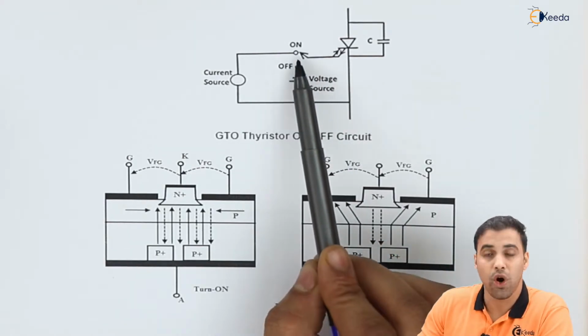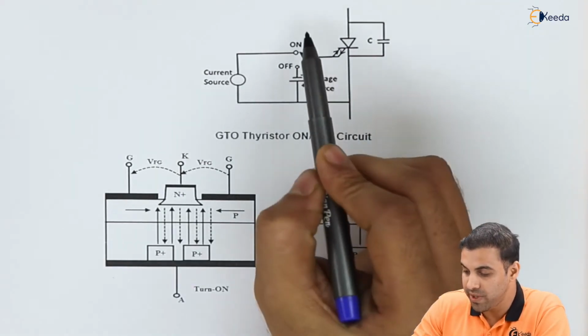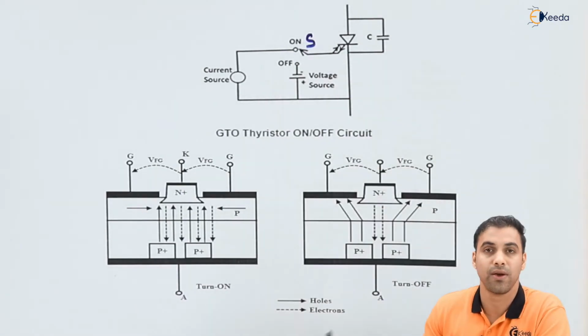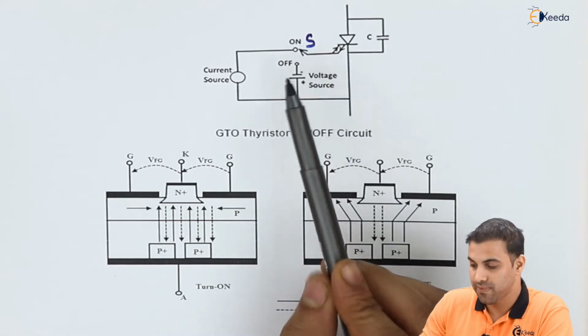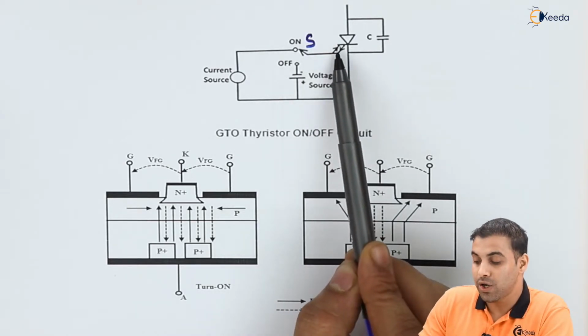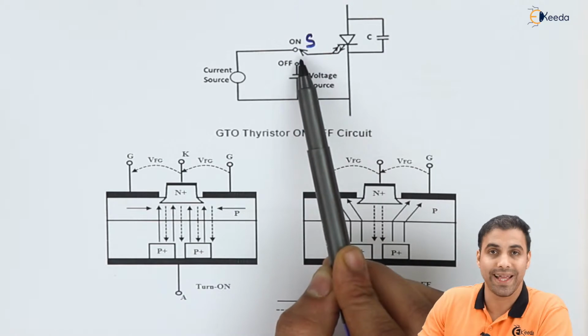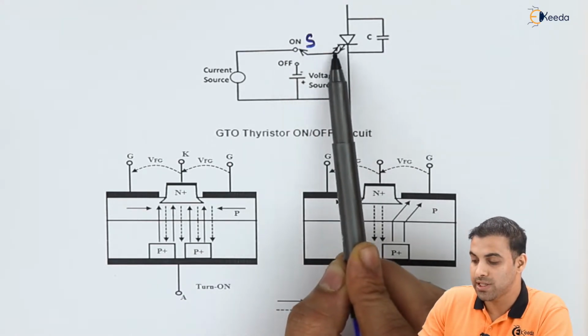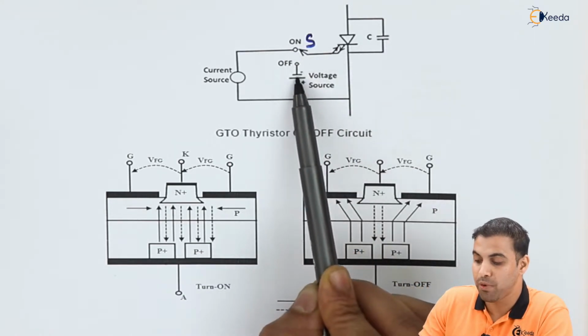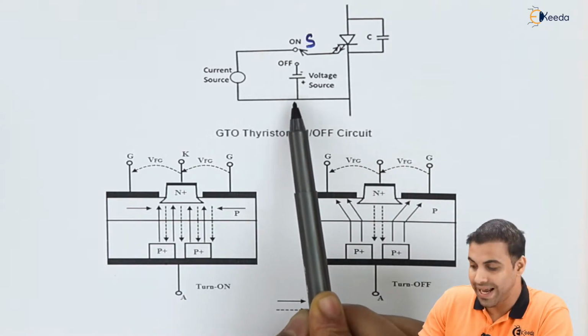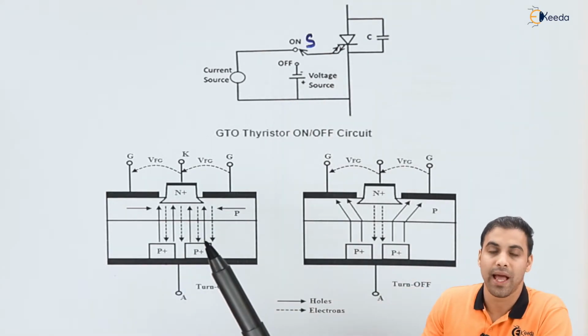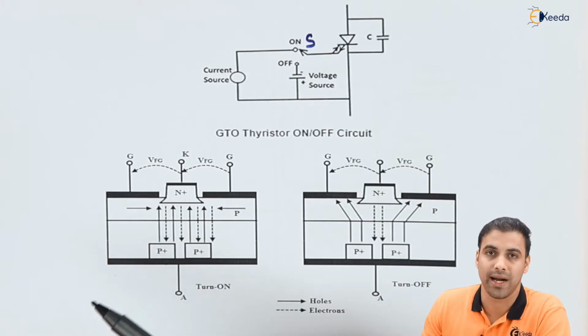So if I switch on this switch S, the gate terminal of the gate turn off thyristor is connected to the negative potential of the battery, so it gets negatively triggered and the GTO stops conducting.